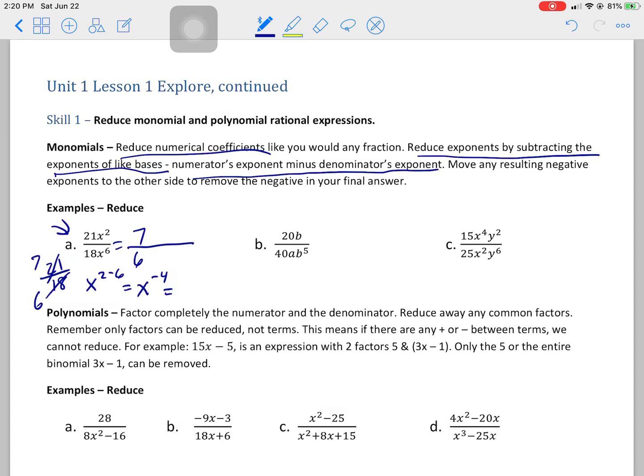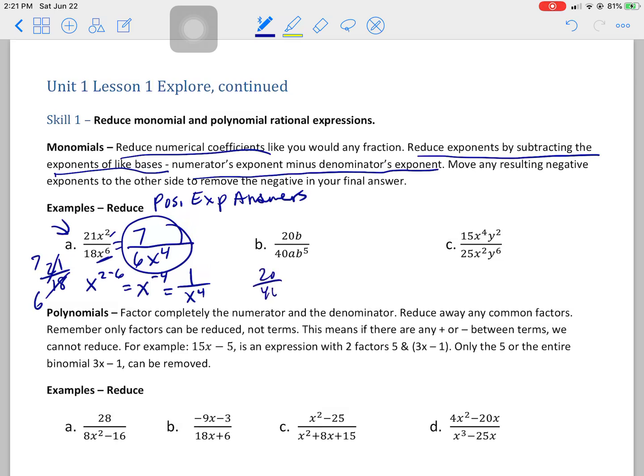You need positive exponents only in your answers. Okay? So how do we make this positive? You put it underneath. And that makes sense. If there's 6 on the bottom and 2 on top and you reduce that, that means there's 4 left over on the bottom. Okay?